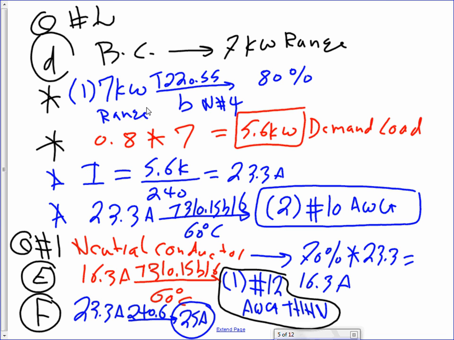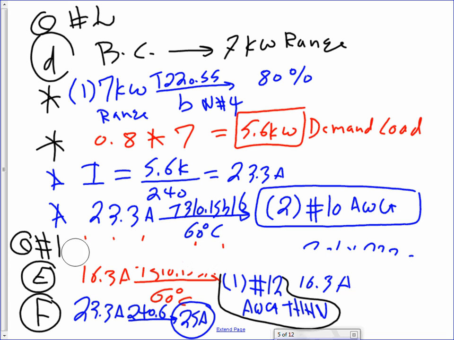Okay, I'm actually going to back up one step here. Everything is cool, but I think I should not have applied this on the branch circuit. We don't want to apply it on the branch circuit. So for the neutral conductor, can you guys do the neutral? I apologize.